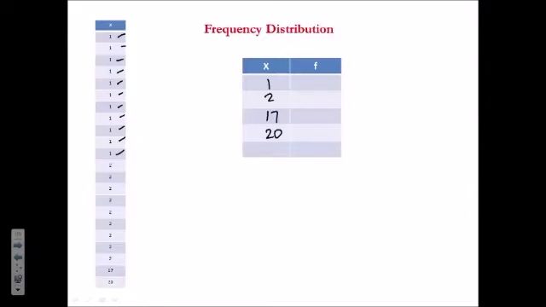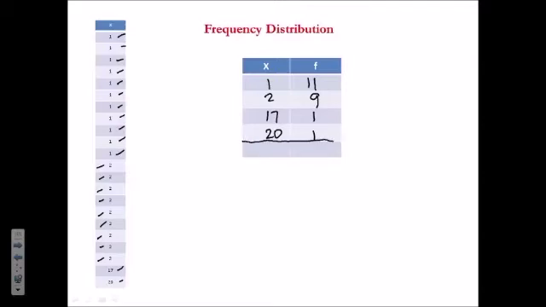So the frequency of 1 is 11. 2: 1, 2, 3, 4, 5, 6, 7, 8, 9. 2 is repeated 9 times. So the frequency of 2 is 9. We have 17 and 20. That would be a frequency distribution chart for these data.